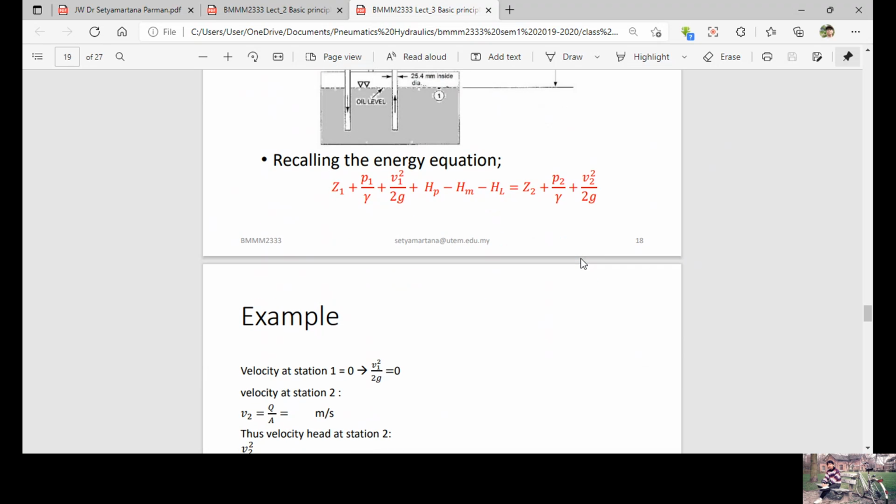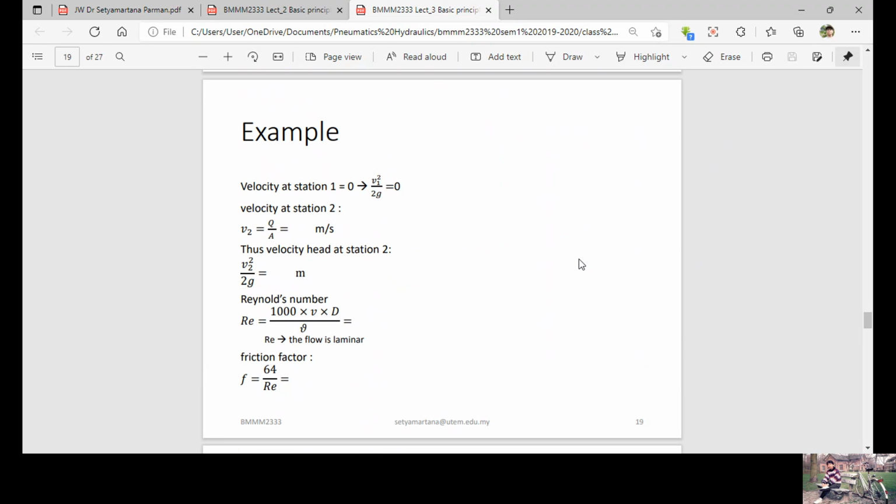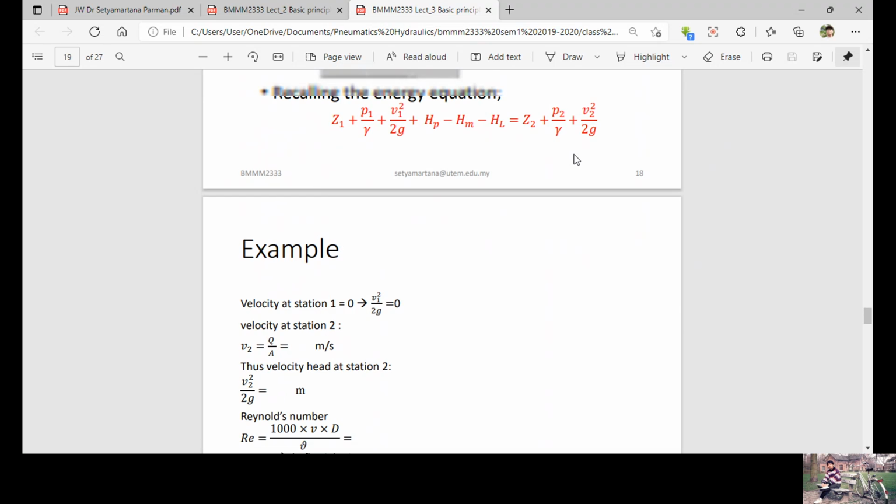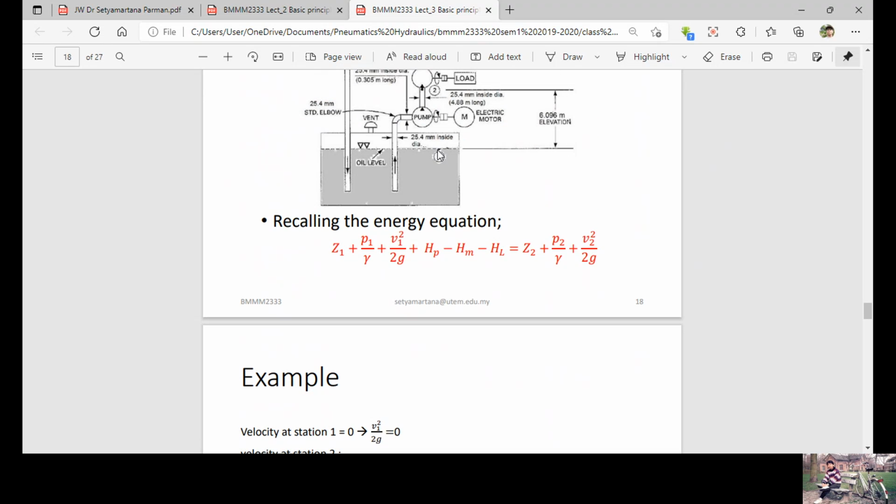Okay, so the strategy to solve is we look first at position 1. We imagine position 1, and there is a streamline entering here and going here. Position 1 is the oil in the tank.